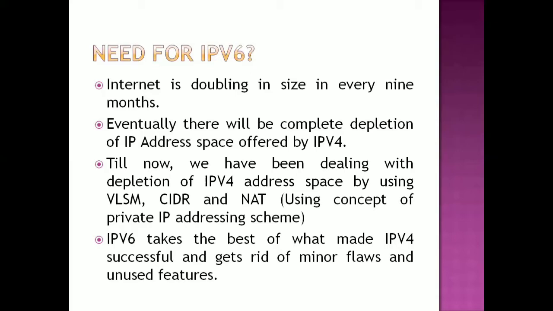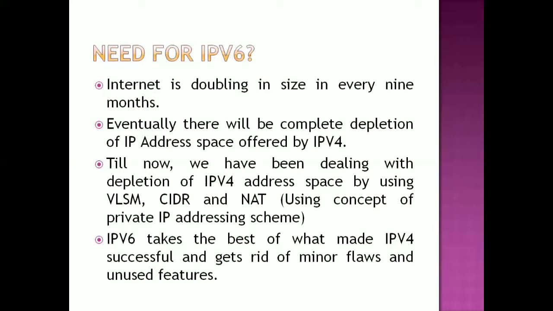So theoretically, in IPv6 we can have 2 to the power 128 addresses available to us. Practically, there can be a reduced number of IP addresses, but still in comparison with IPv4, IPv6 addresses are very large in number. So that was the prime motive for introducing IPv6, that is avoiding the complete depletion of the IP addresses.